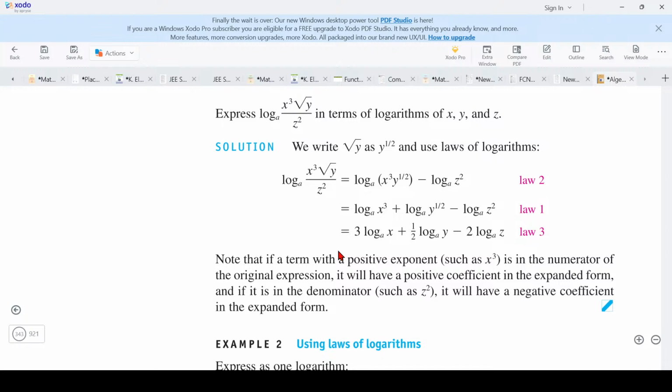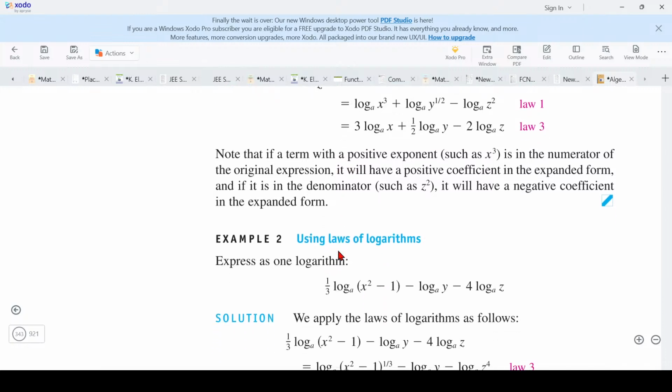Got it now? Very good. This one, just contract it and tell me.